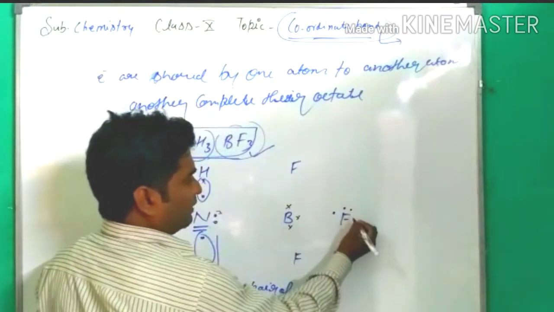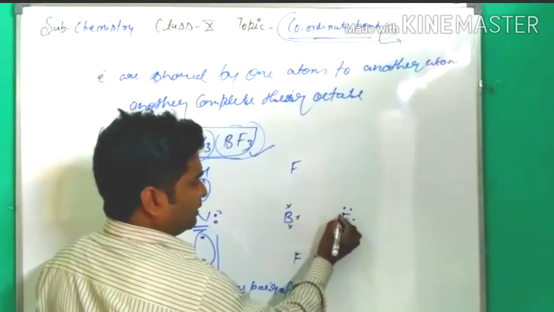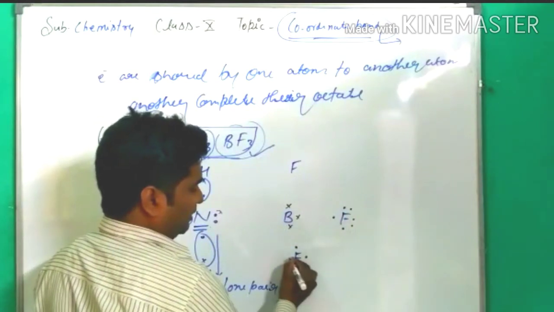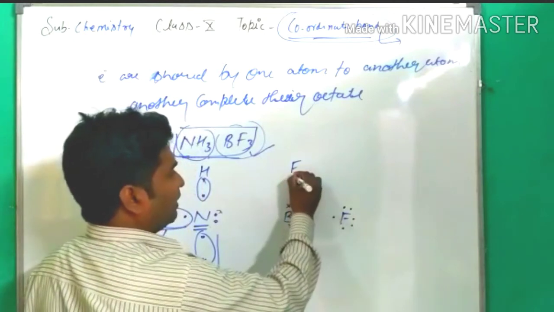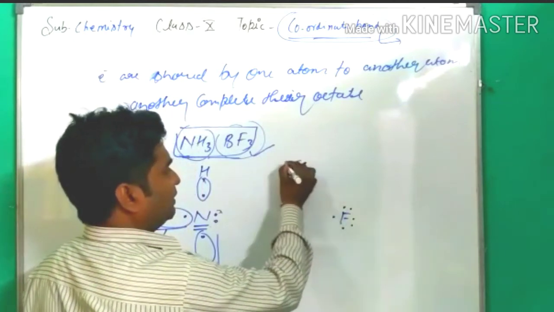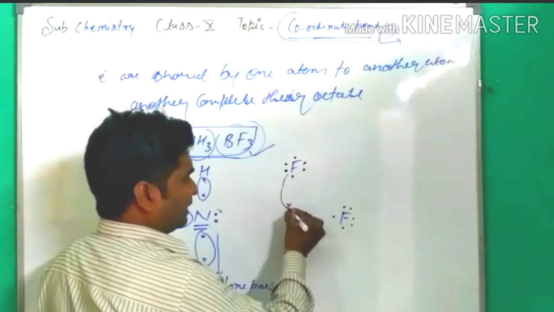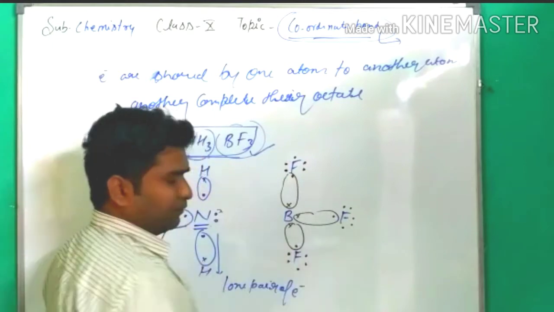Suppose 1, 2, 3, 4, 5, 6. Okay, students. 1, 2, 3, 4, 5, 6. Now here 1, 2, 3, 4, 5, 6. So one electron is shared between boron and fluorine.